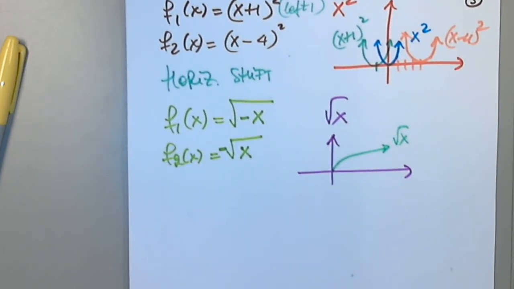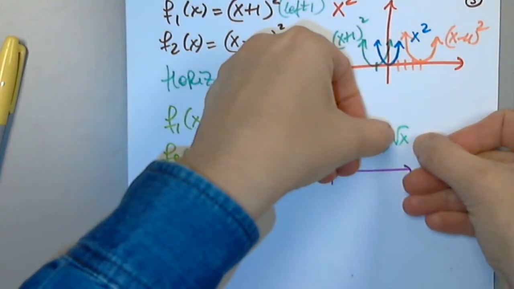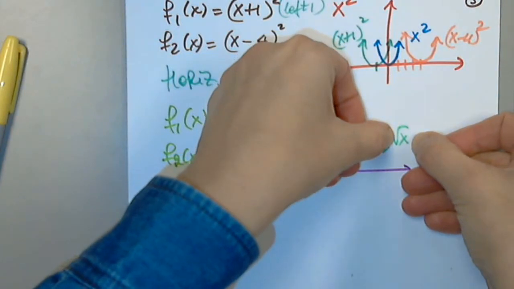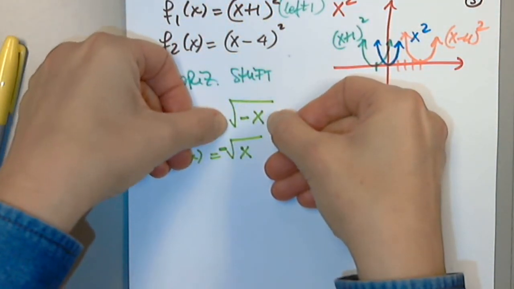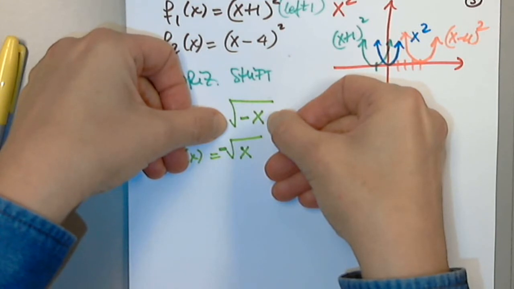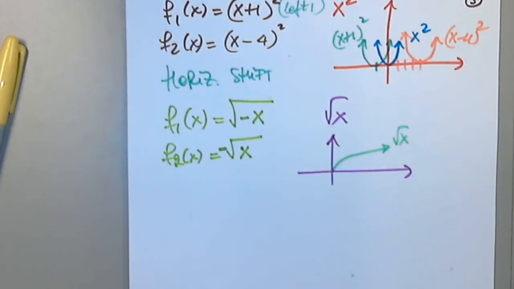Okay, again, I ask myself the same question. I'm looking at this, and I'm looking at this. I have to identify what I'm changing, and I can only change x or y. There's nothing else.